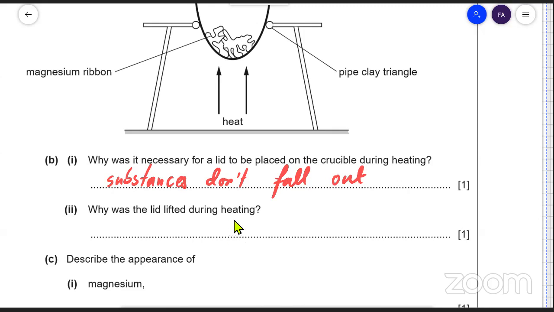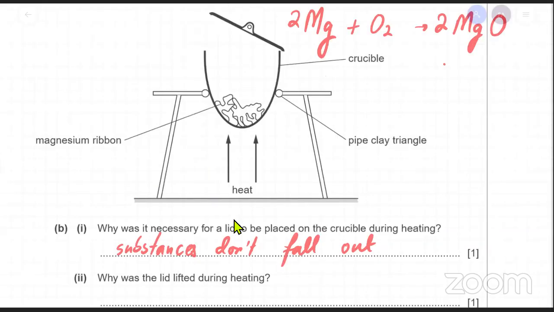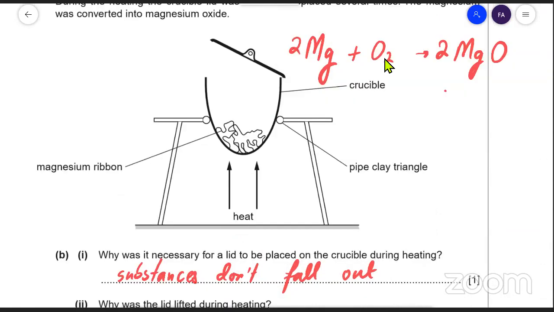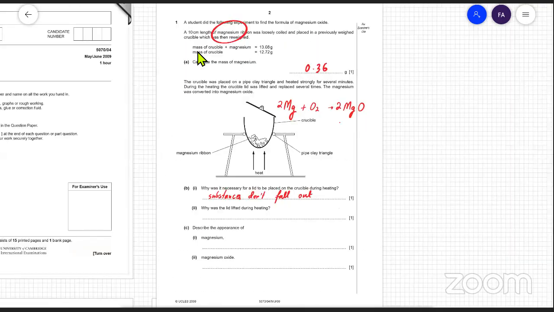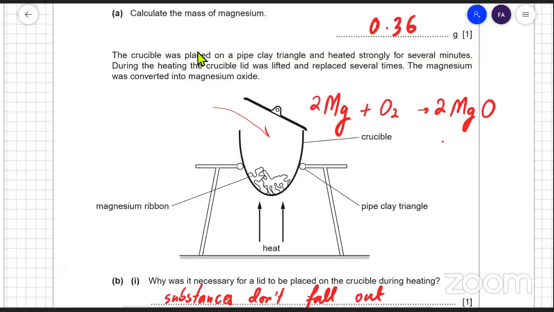The next part is, why was the lid lifted during heating? Why do you need to lift the lid? That's important because you're reacting it with oxygen. If you're reacting it with oxygen, air needs to enter. There has to be a space available so that air is capable of coming in.